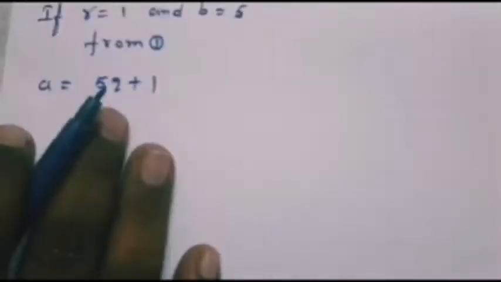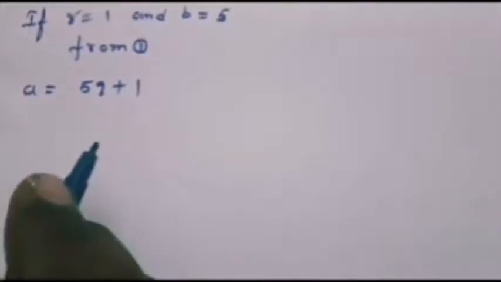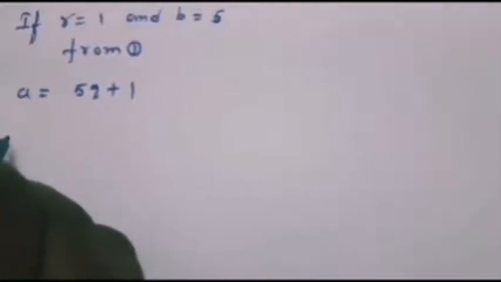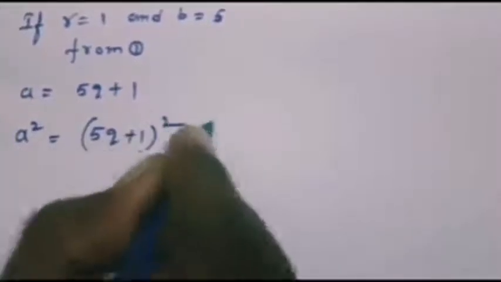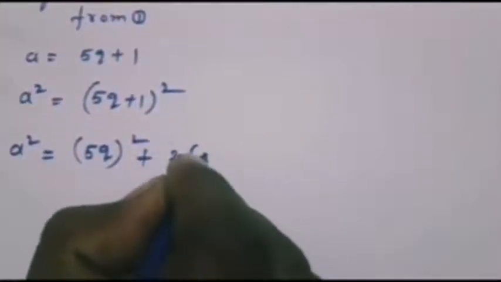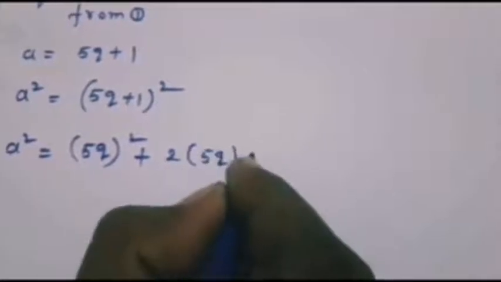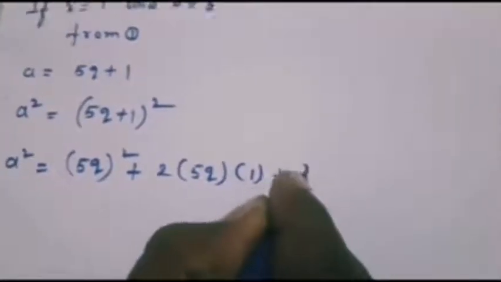So this is the square of any positive integer. Squaring both sides, a square equals 5q plus 1 whole square, which is 5q whole square plus 2 into 5q into 1 plus 1 square.